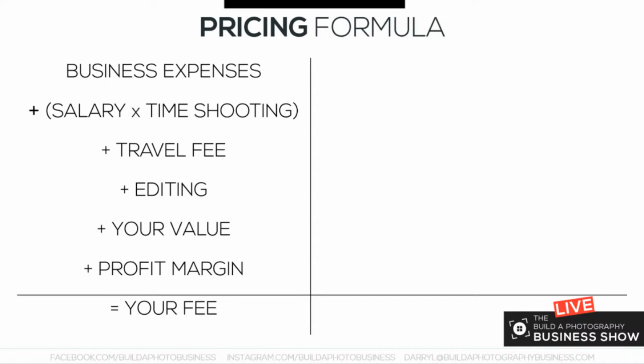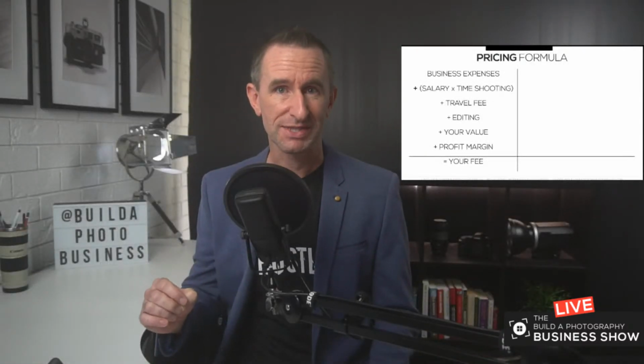Now, some of these values are objective and clearly defined, and some are very fuzzy and hard to pinpoint, but they are still values that you need to set. So let's go through each of these, and we'll see if we can help you figure out what you should charge. So we'll start with your business expenses.